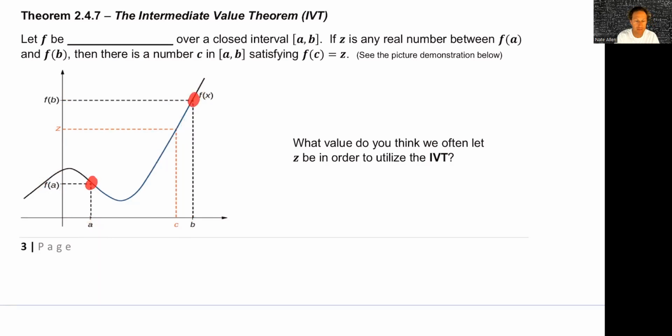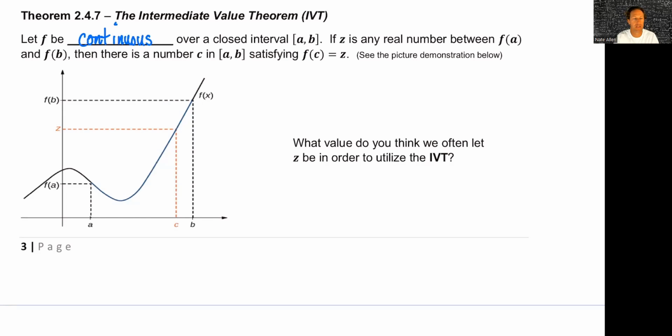What would guarantee me that there is some value in between A and B, whether it's over here, here, here in the middle, or over here closer to B? How would we know that we would be able to get that value we're calling Z? What's the one thing that would have to be true? It would have to be the namesake of this section: continuous.